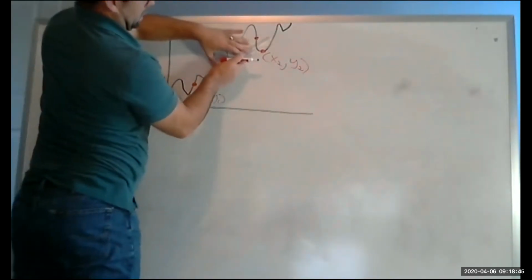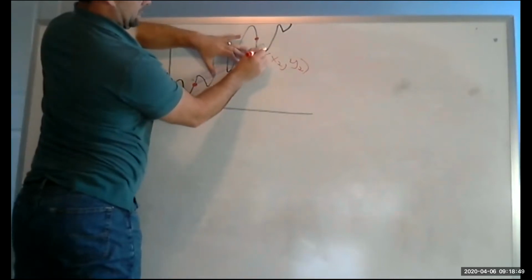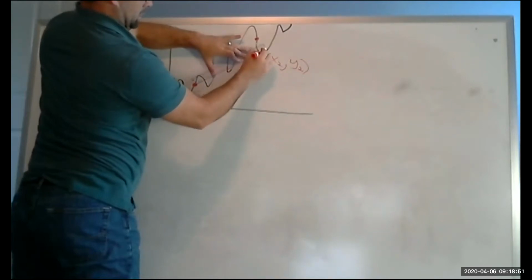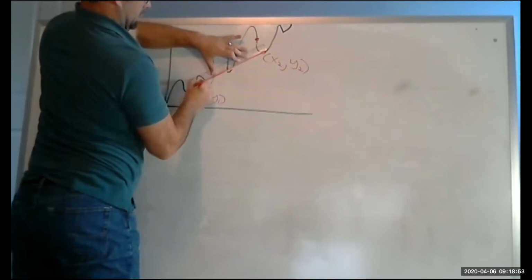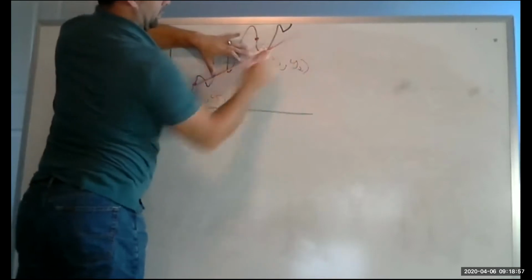So, meaning it is the slope of a line that intersects those 2 points.